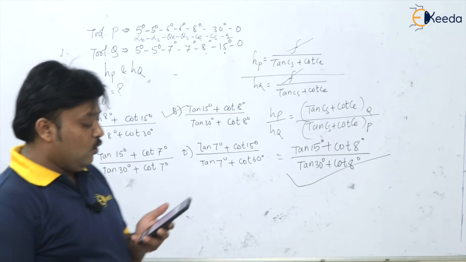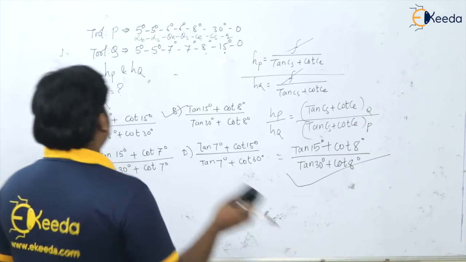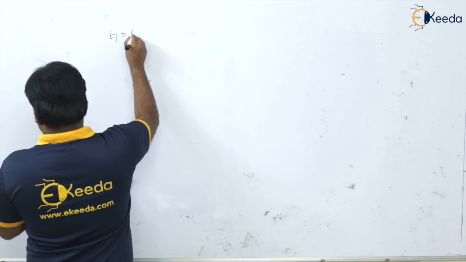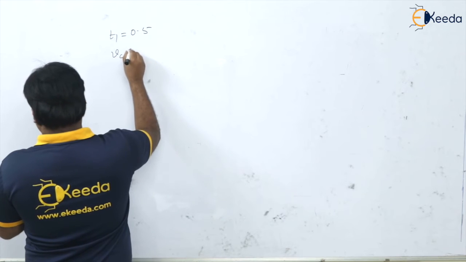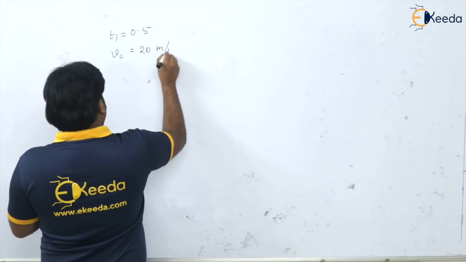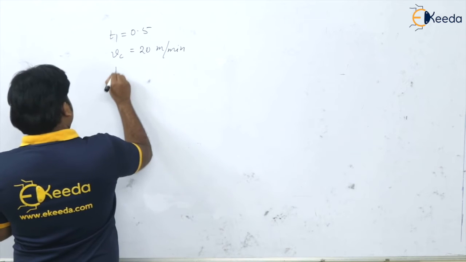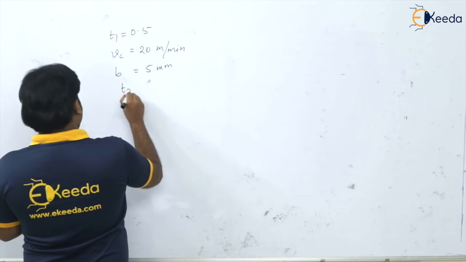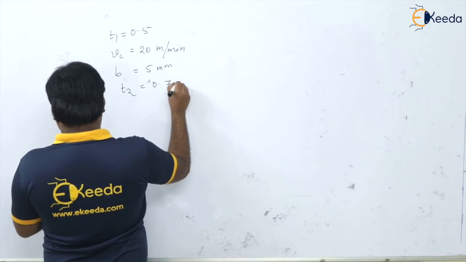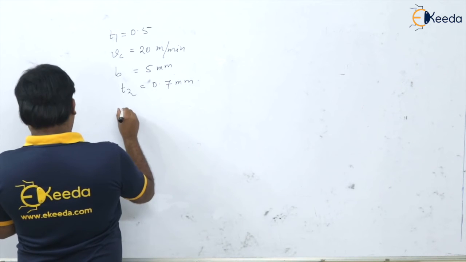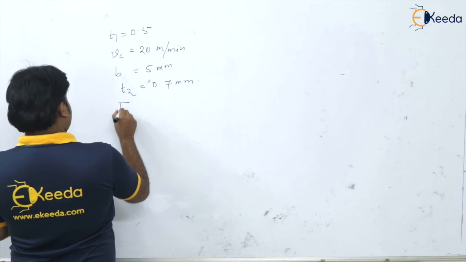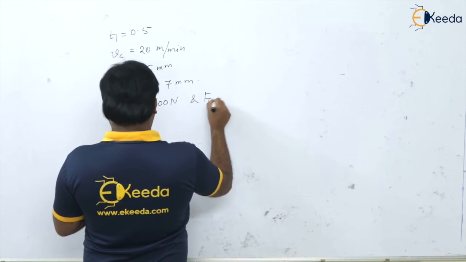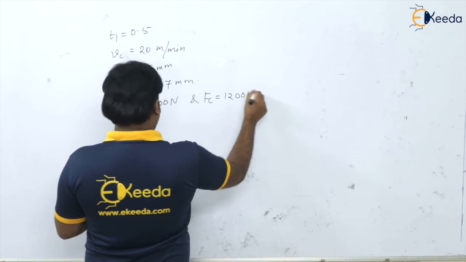In an orthogonal cutting operation, I will write the data. The uncut chip thickness t1 is given as 0.5 mm, cutting speed is 20 meters per minute, width of cut is 5 mm and chip thickness is 0.7 mm. The thrust force Ft is 200 Newton and cutting force Fc is 1200 Newton.